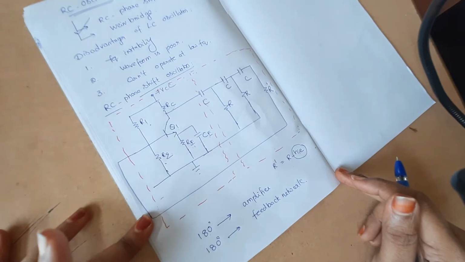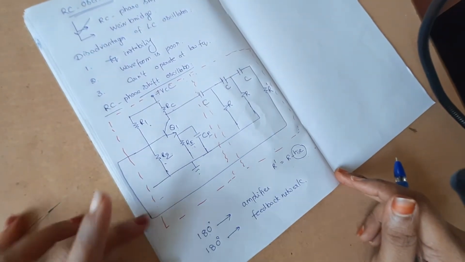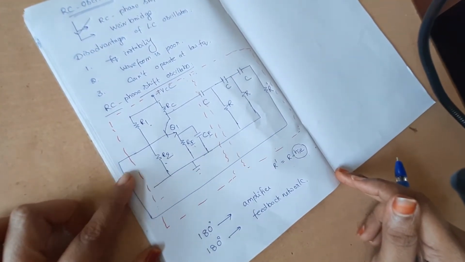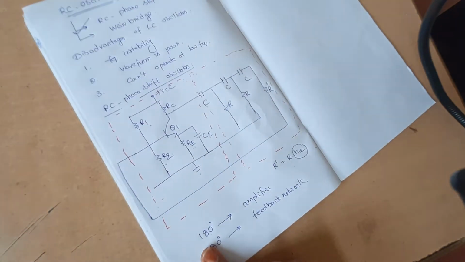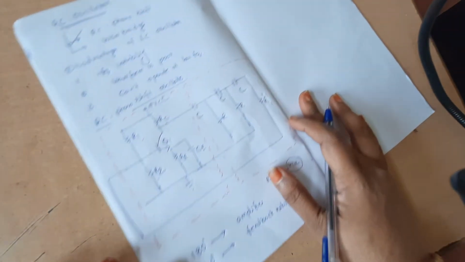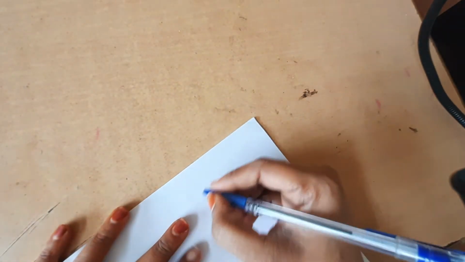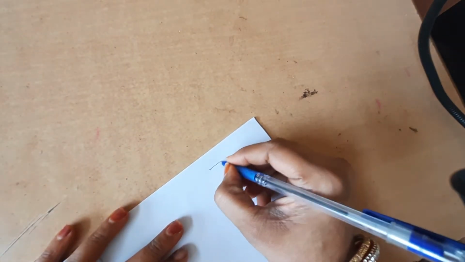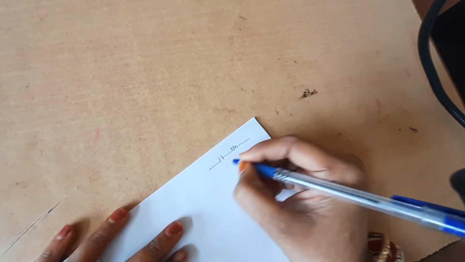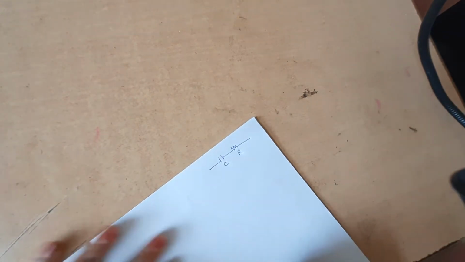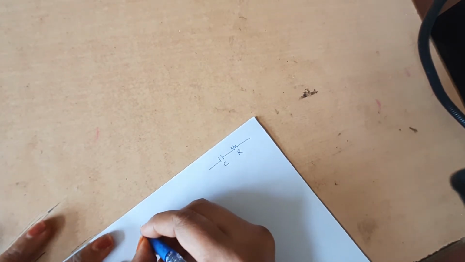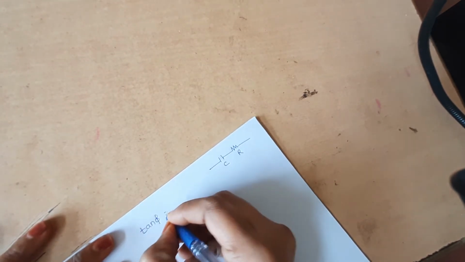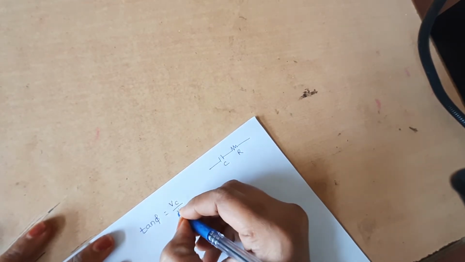The first 180 degrees is produced by the common emitter configuration of the transistor, the amplifier stage, and the second 180 degrees is produced by the feedback network. So the condition is satisfied. Next, the phase shift: here we are using C and R. The phase shift of each section is given by tan phi equal to Vc by Vr.